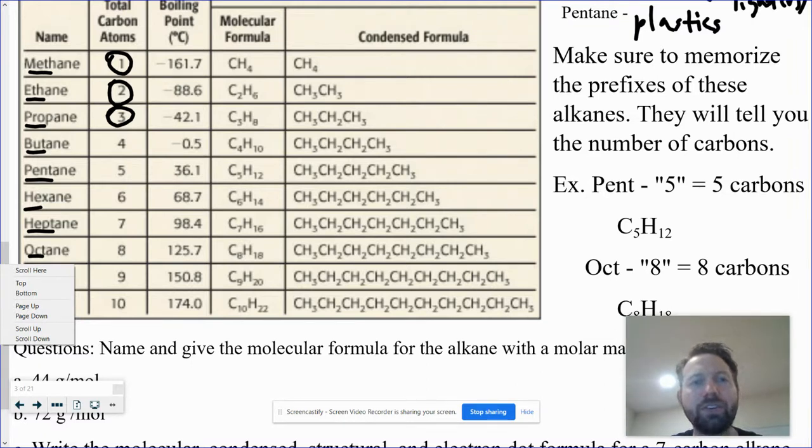What you should also notice is that as you get larger in terms of the number of carbons, the boiling point changes. How does it change? Well, it increases. So the larger the molecule, the harder it is for the molecule to boil. Or another way of saying that is the more energy it takes to boil that particular molecule.